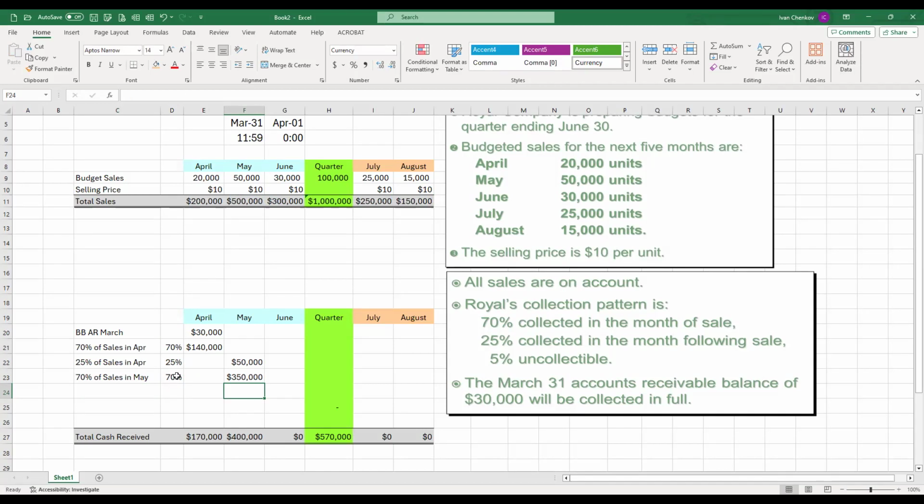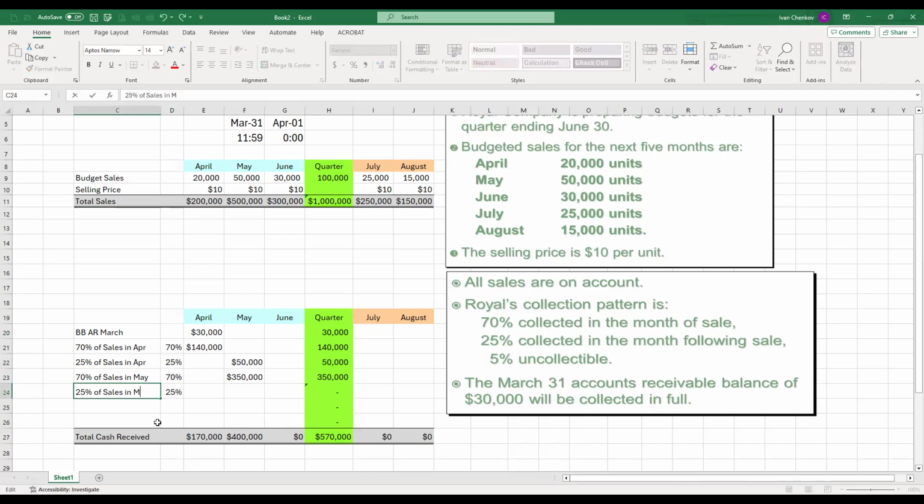How about in June? What are we going to collect in June? 25% of the sales in May and 70% of the sales of June. Okay, let's go. We're going to get this 25% first. That will be May: $500,000 times 25%.